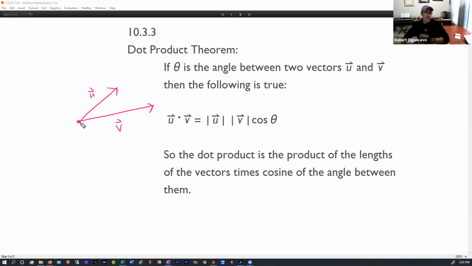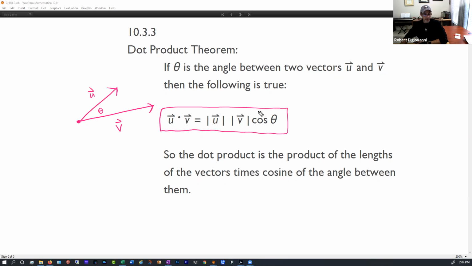Remember these vectors can be moved around, up, down, left, right, but if we attach them tail to tail, and we talk about the angle between them, then the following is true. That u dotted with v must equal the magnitude of u, the length of u, times the length of v, times cosine of the angle between them.